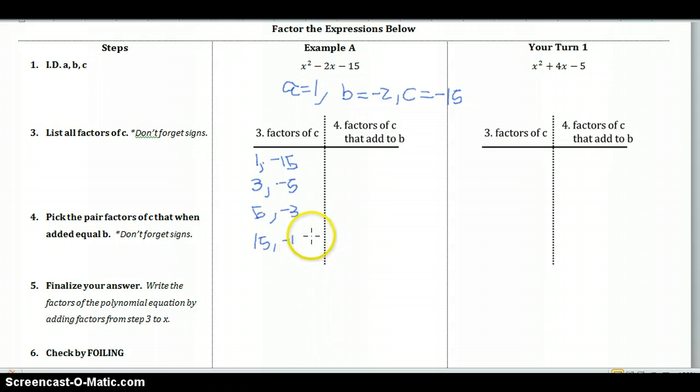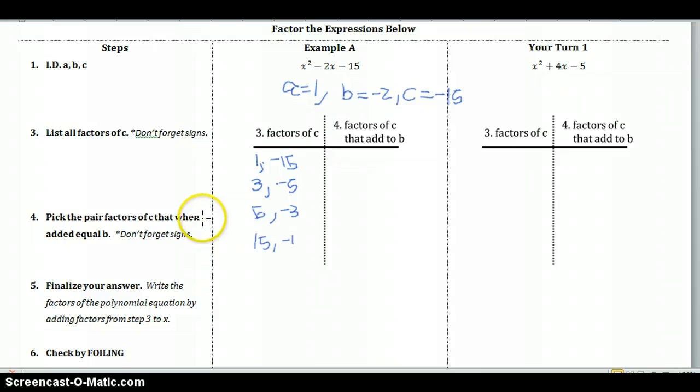Okay, so notice I've listed all of the factors that I possibly could to get -15.